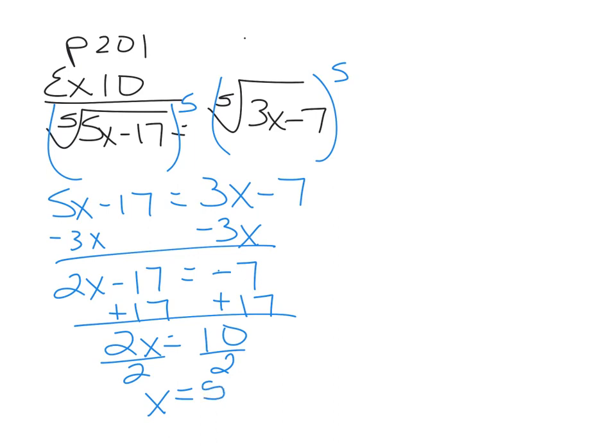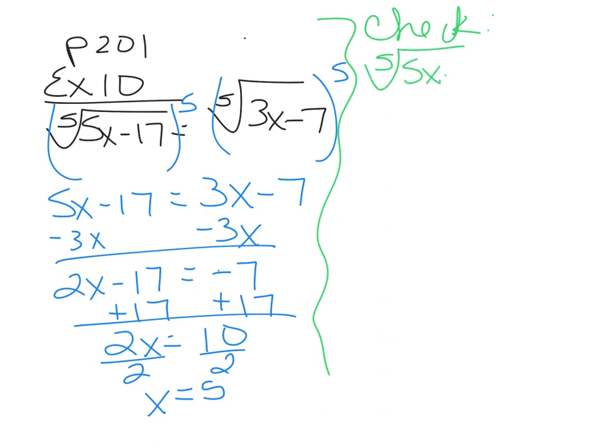Of course, we're going to check over here on the right. Starting with our original equation, the fifth root of 5x minus 17 equals the fifth root of 3x minus 7. We're going to take our solution, x equals 5, and substitute it in there.